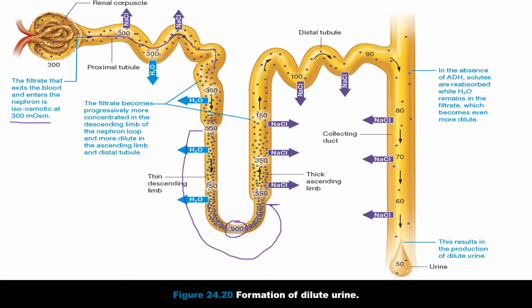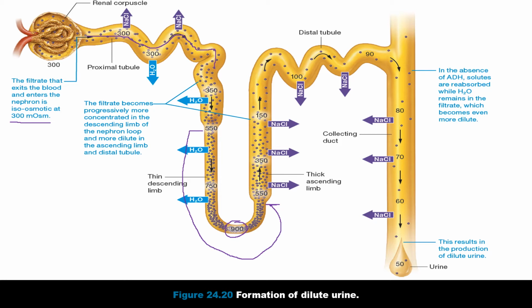However, once we finally get to the ascending portion, the thick ascending portion, it can finally become permeable to solutes and not just water. And actually, it only retains water because it's impermeable normally to passive diffusion. And so it begins losing sodium chloride, right? It loses sodium chloride, it loses any other ions or solutes.